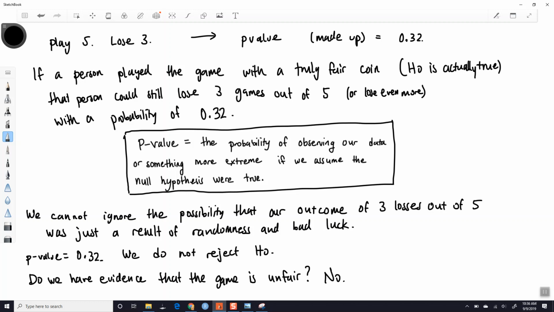Is that okay? Because our results of losing 3 out of 5, that could be a result of just randomness. On the other hand, do we have evidence that the game is fair? And the answer there is also no, okay?